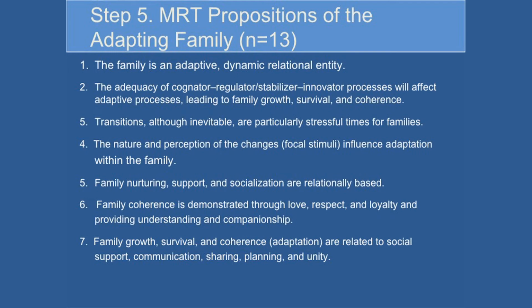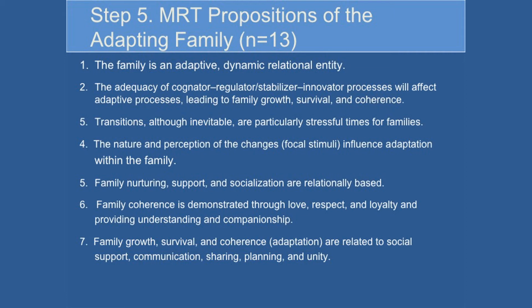Secondly, the adequacy of cognator regulator or stabilizer innovator processes will affect adaptive processes, leading to family growth, survival, and coherence. Transitions, although inevitable, are particularly stressful times for families. The nature and perception of the changes, that is, the focal stimuli, influence adaptation within the family.